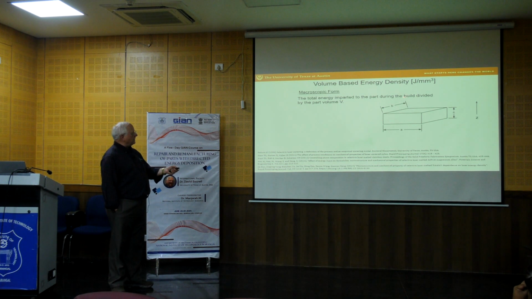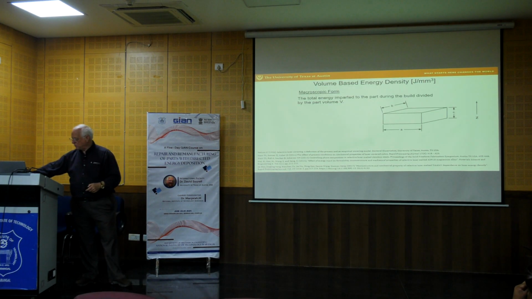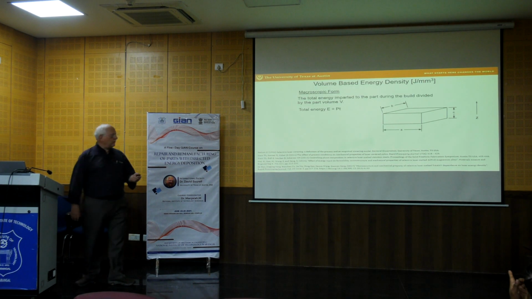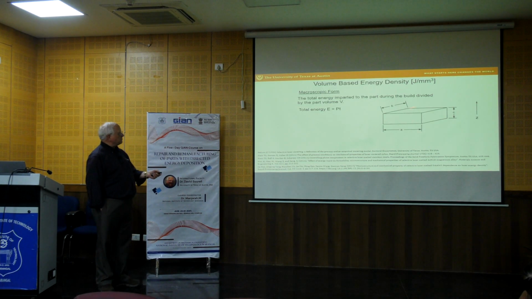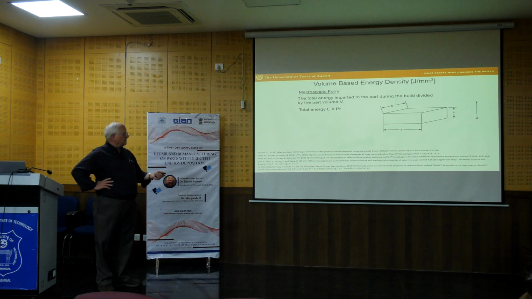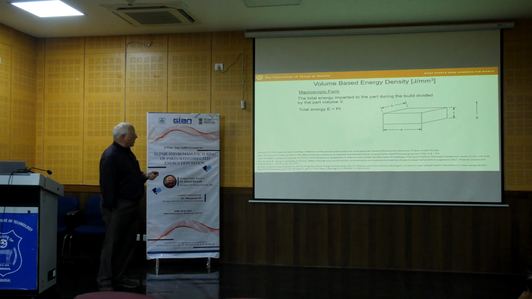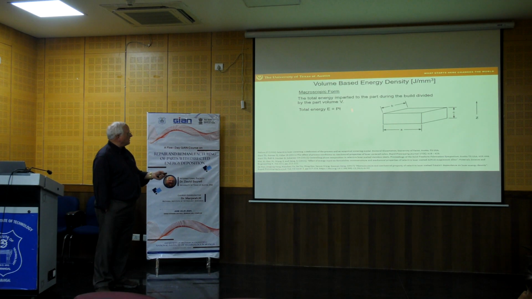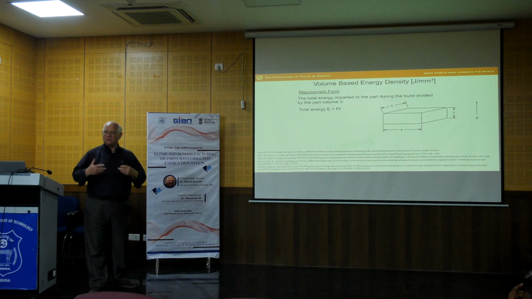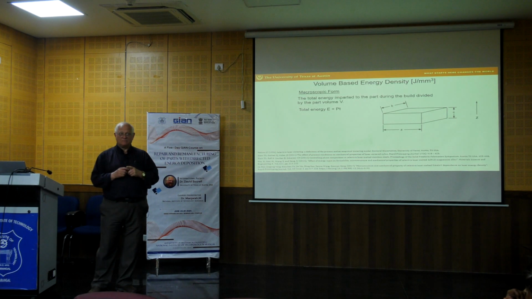If I have a cuboid that has dimensions A, B, and C, I can work with this. The total energy that is deposited during this build would be equal to the power of the laser or the electron beam, or I guess even the power associated with the arc, times the time that the part is being built, right?